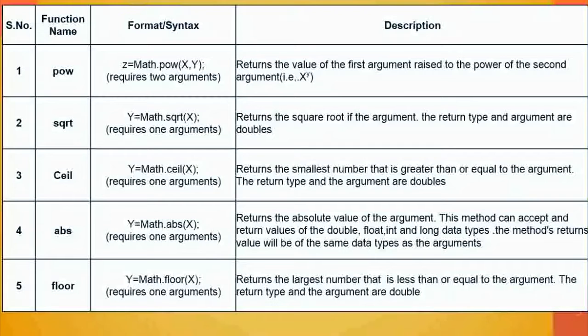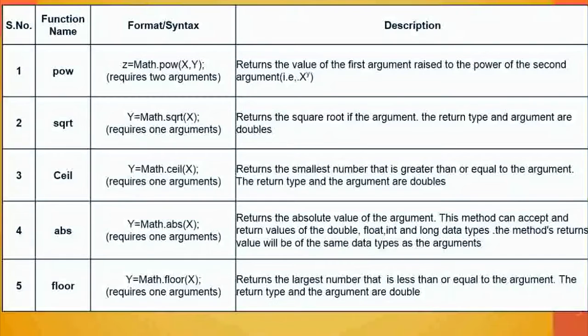Now the question arises, what is an argument? Arguments refer to the value passed to a method for computation. Arguments are provided with the method name. So in this table we shall discuss the function name, formats or syntax, and the description.